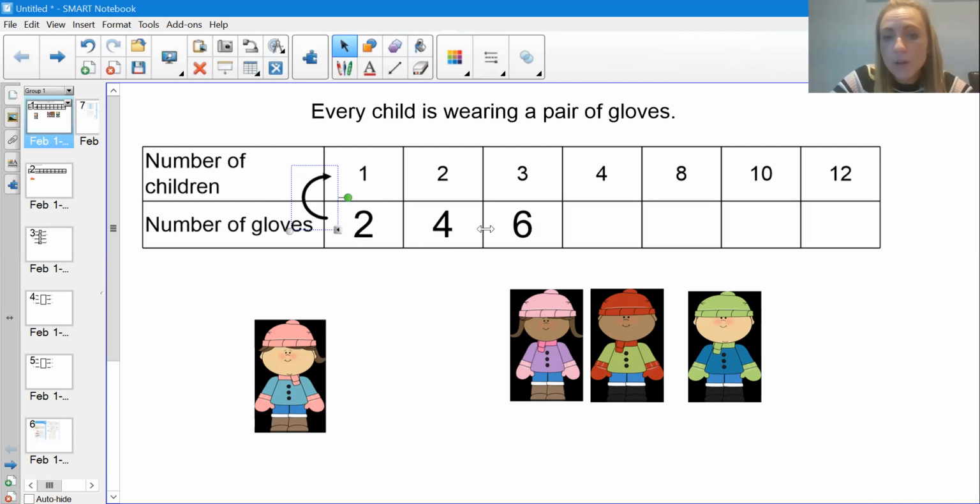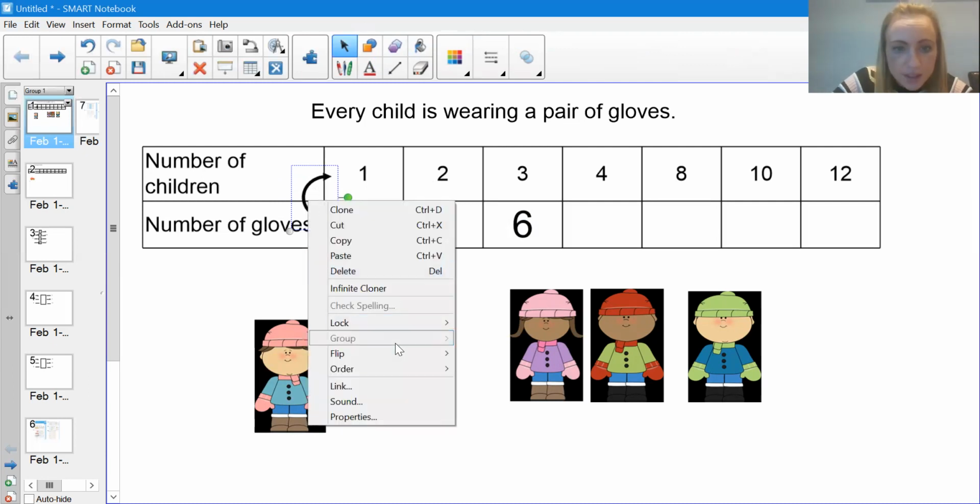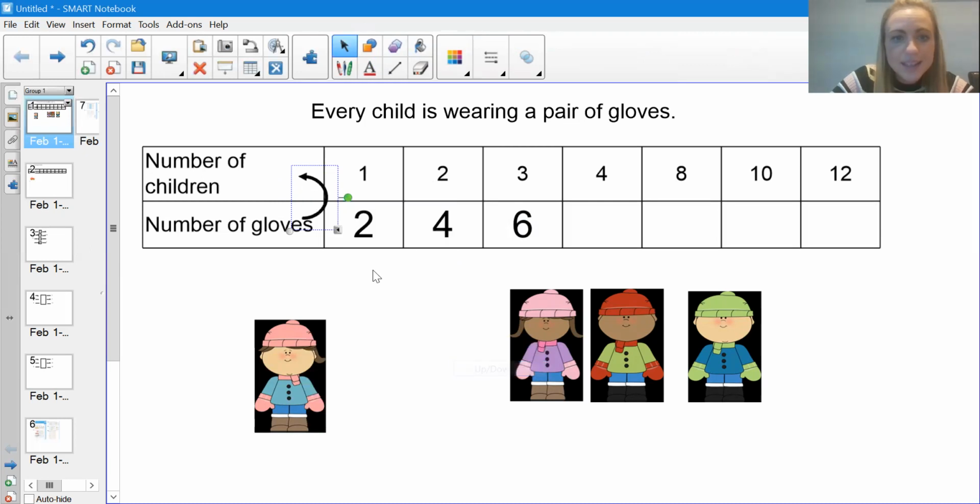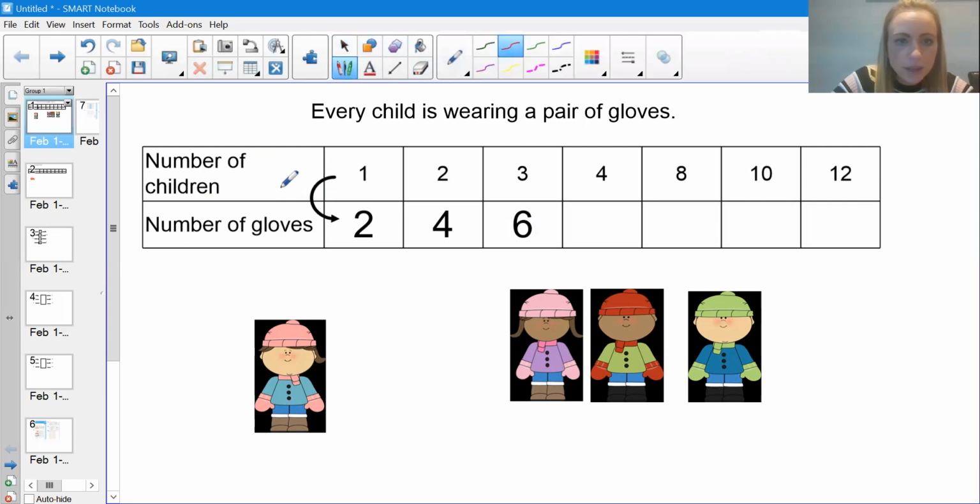You can see that so far the bottom number has been double the top number. Just want to get that arrow exactly how I'd like it. There we go. So you can see that I have times by 2. So I'm going to get my pen out now and I'm going to write times 2. I multiply the amount of children I have by 2 so I know how many gloves there will be.